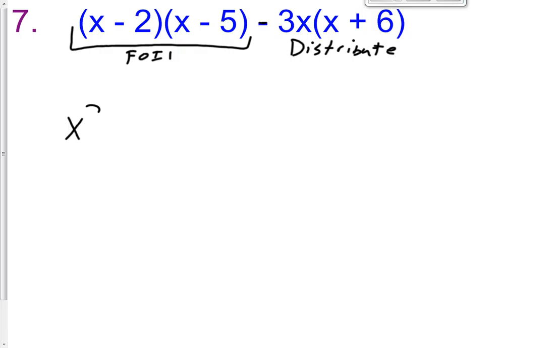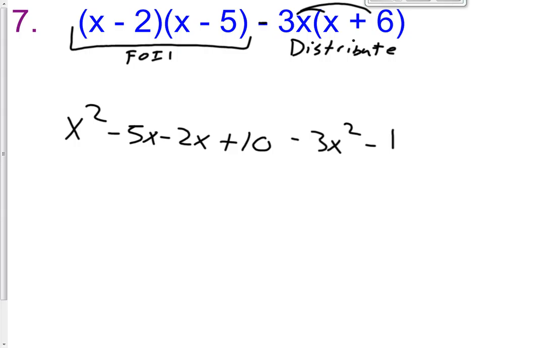We get x squared minus 5x minus 2x plus 10. And then we're going to distribute this negative 3x, so we have a negative 3x squared and a negative 18x. Now we'll combine like terms. 1x squared minus 3x squared is a negative 2x squared.